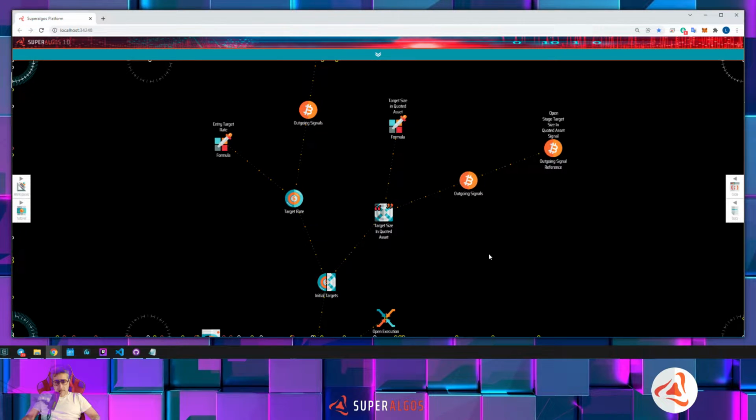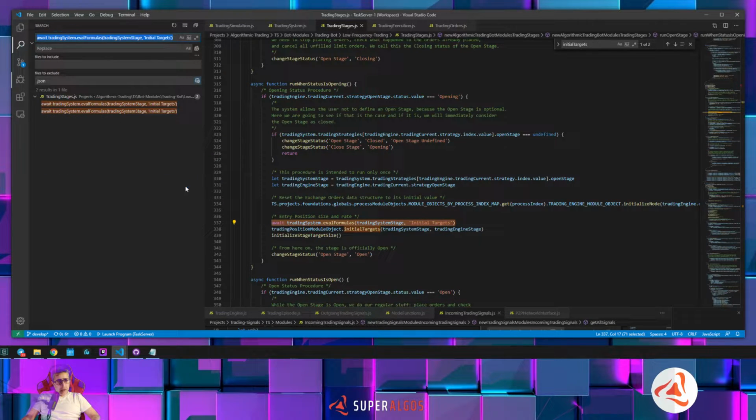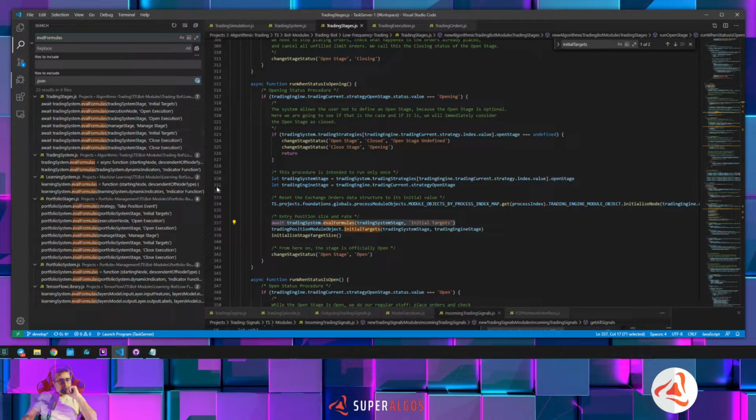I don't think it's bad what we have here. We're calculating all the formulas inside there, and that's pretty much what is needed. So yeah, I think we can leave that stuff. So we will return to the previous query, eval formulas.